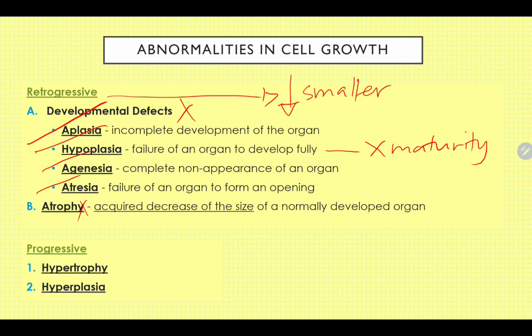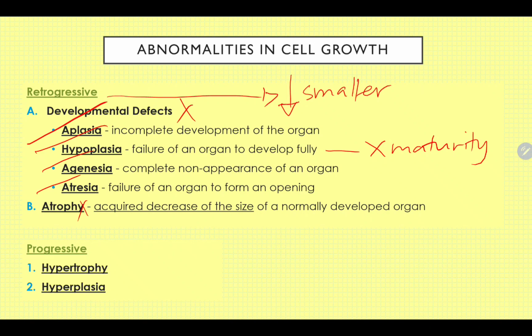That is an example of atresia, the failure of an organ to form an opening. That is a true developmental defect. There are other defects where the valves in the heart are not there, it was closed. That is also an example of atresia, a developmental defect.